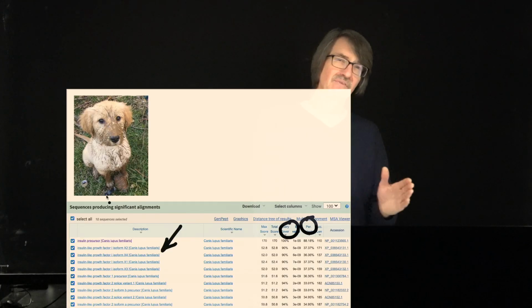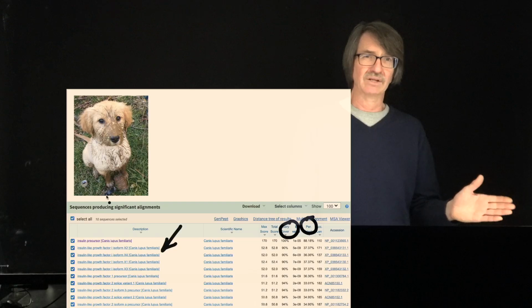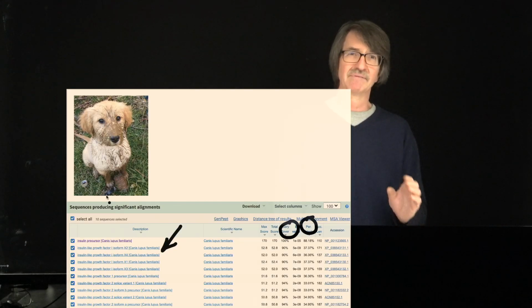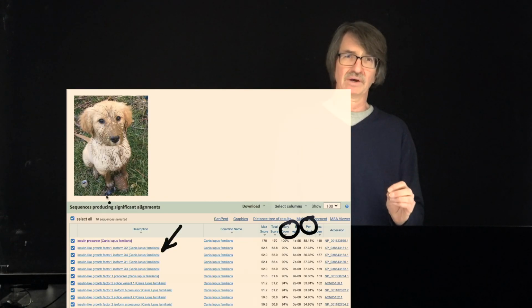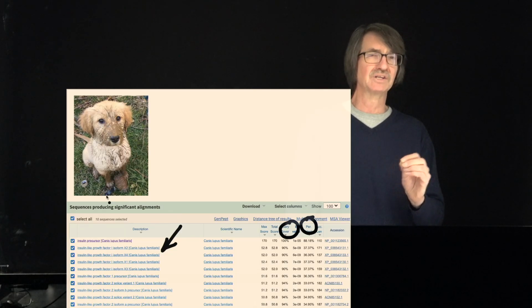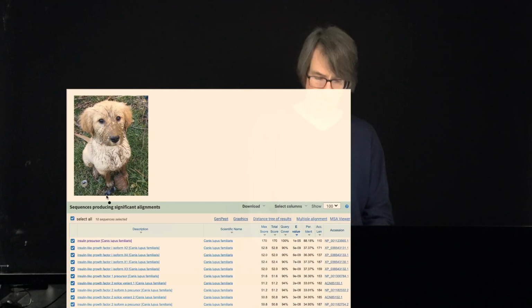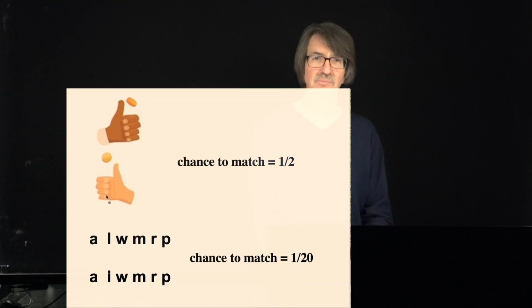Now, the E value takes into consideration how many genes it looked at. So how many genes does the dog have? So that's part of the probability it's calculating. So what I'm going to describe next is a probability that's essentially the same as it. There are some slight differences, but this will do just fine when we make this comparison.